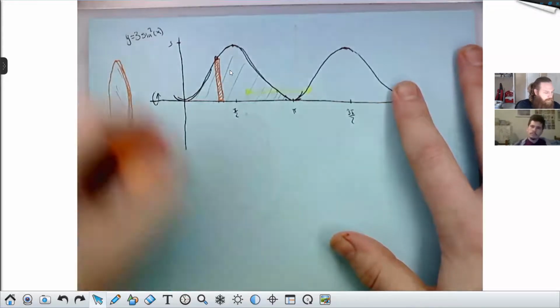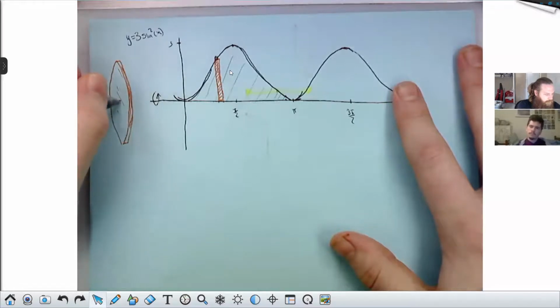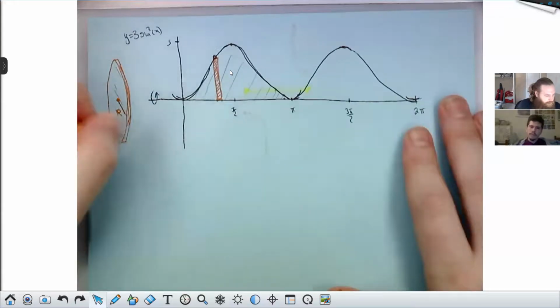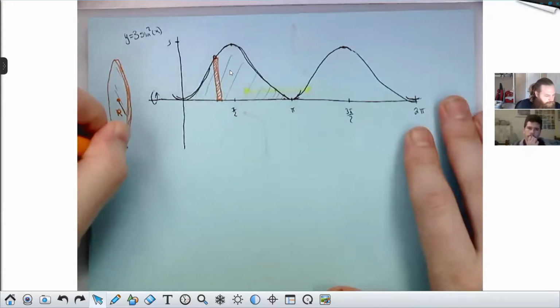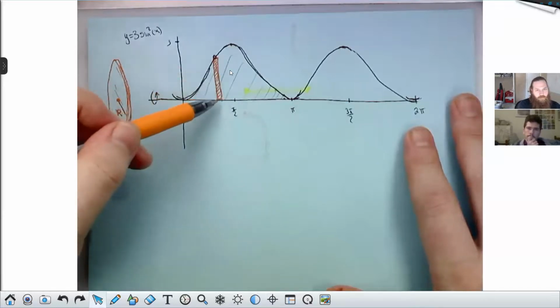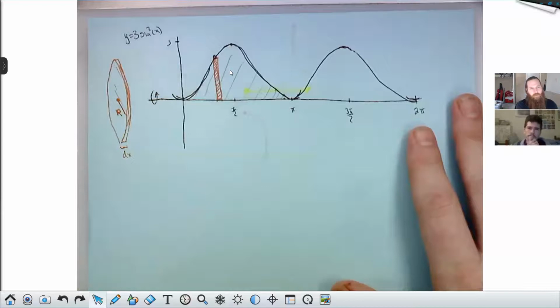And this has a radius, which is the thing I've been calling capital R in the lectures, the outer radius. It has a little differential thickness, which is dx, because my strip is a vertical strip, so its thickness is a tiny little x step.